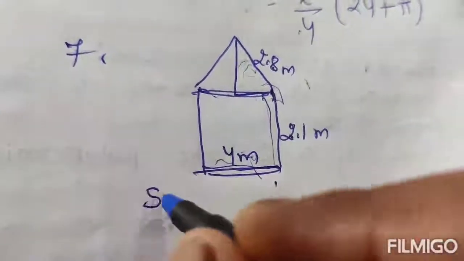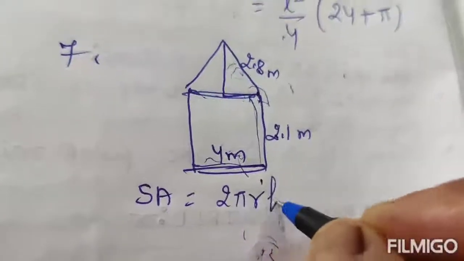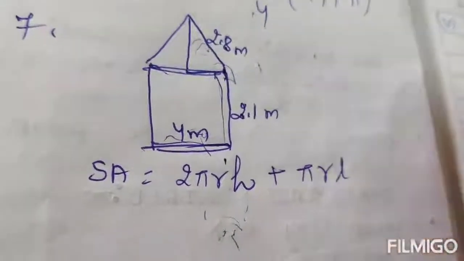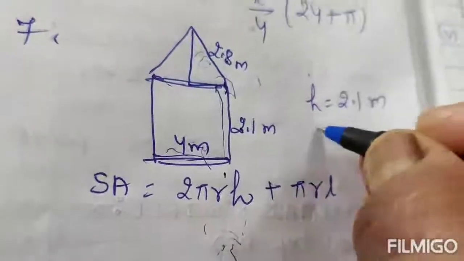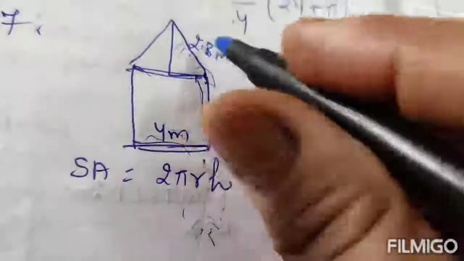The total surface area of the tent is 2 pi r h, it means CSA of cylinder plus CSA of cone. And here height equal to 2.1 meter. Radius equal to 4 by 2, means 2 meter. And L equal to 2.8.